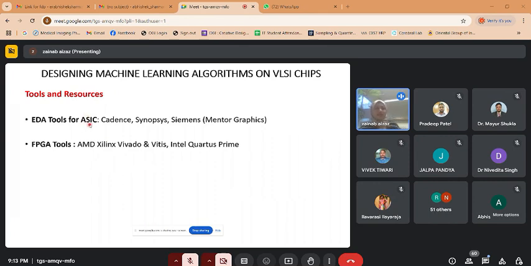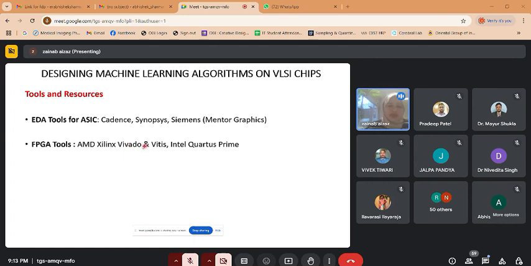So if you're designing ASIC, you have Cadence, Synopsys, Siemens. Now these have their own pros and cons. I will tell you in the next slide. But if you're designing an FPGA, I recommend everybody who attended this workshop or lecture to install Xilinx Vivado free of cost.